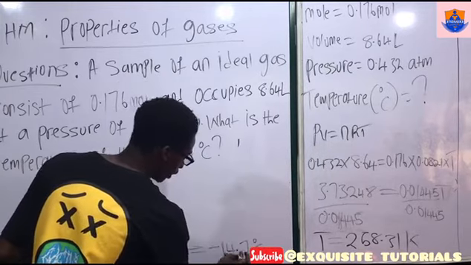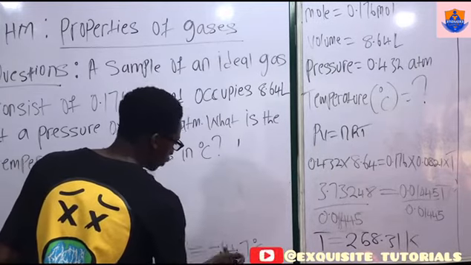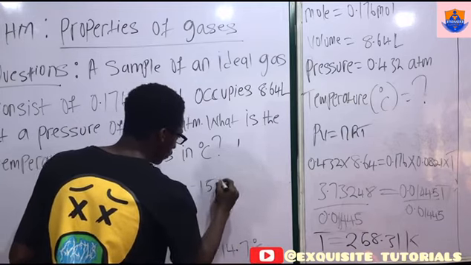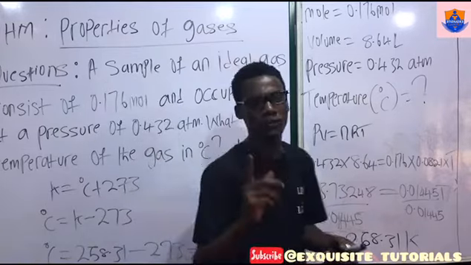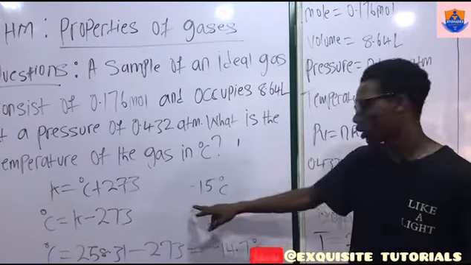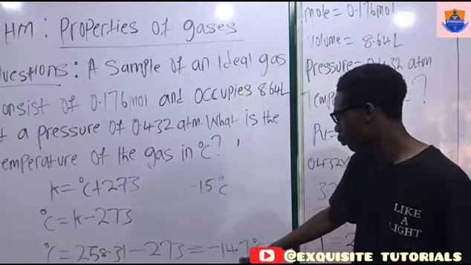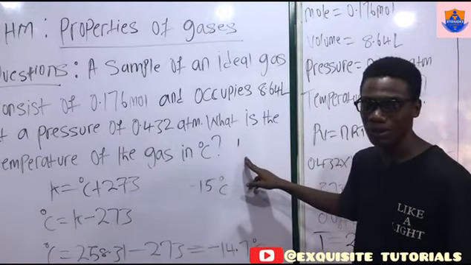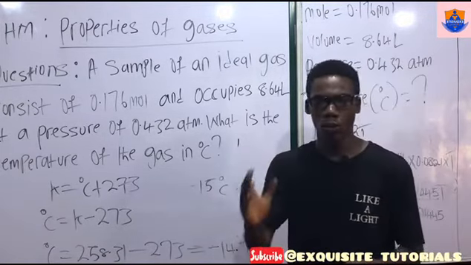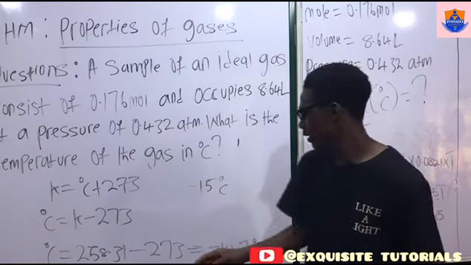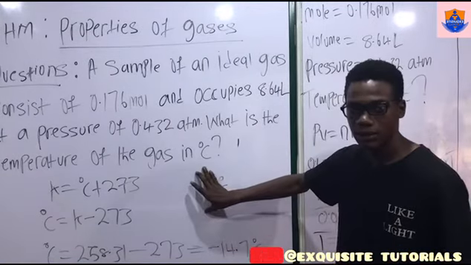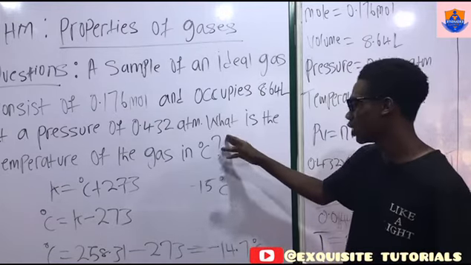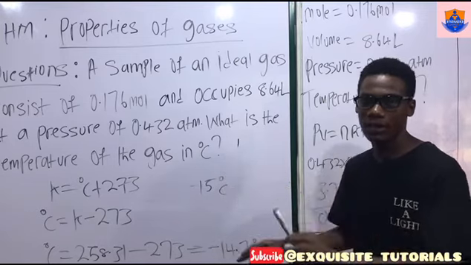This is 14.7, which is above 5 in the decimal place, so to the nearest whole number our value will be minus 15 degrees Celsius. So if there is none of the above on your options, but you have 15 there, click 15. But if your answer is 14.7 and they didn't give you any indication to approximate to the nearest whole number, and there is none of the above on your options, click none of the above, because 14.7 is different from 15. They are a whole different value.